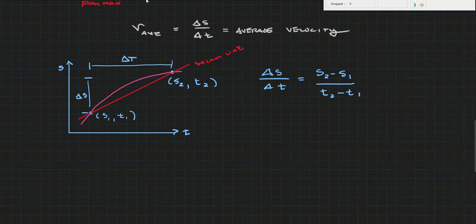Again, this is just the average rate of change of the particle.